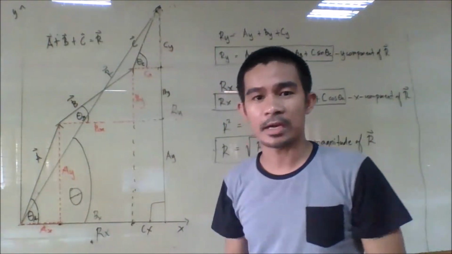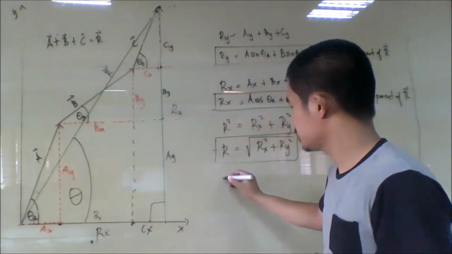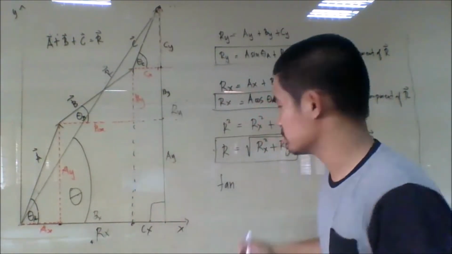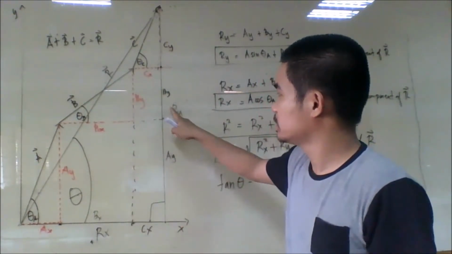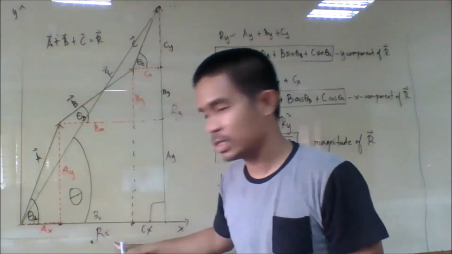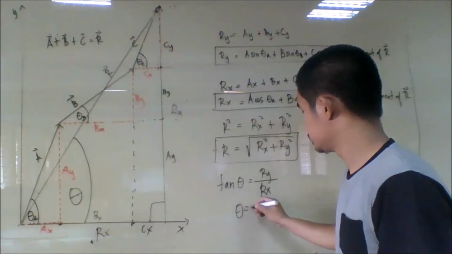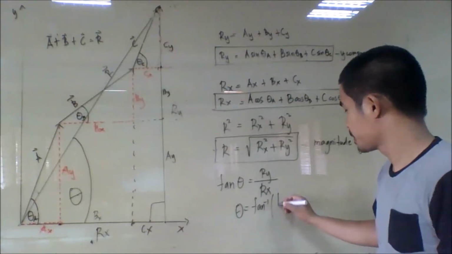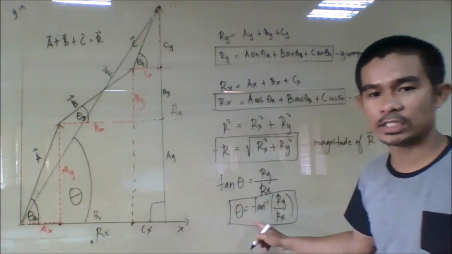Since we form a right triangle out of R, R of y, and R of x, the tangent of the interior angle theta of a right triangle is the opposite side, r of y, over the adjacent side, which is r of x, or theta is the inverse tangent of r of y over r of x. So this is now the direction.